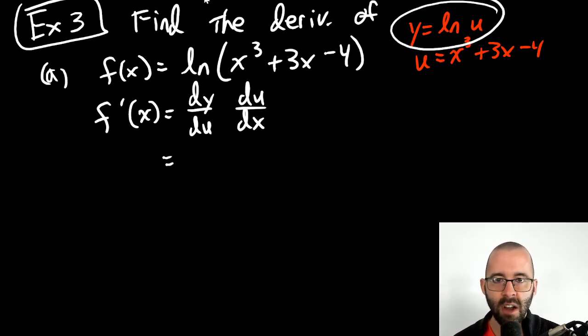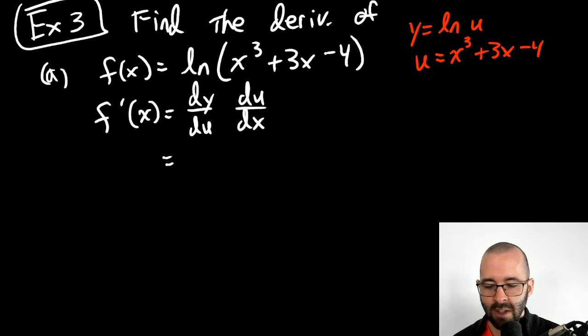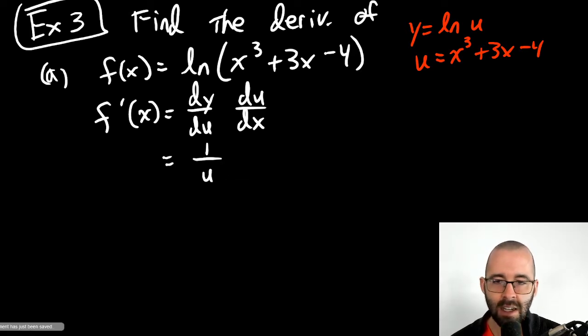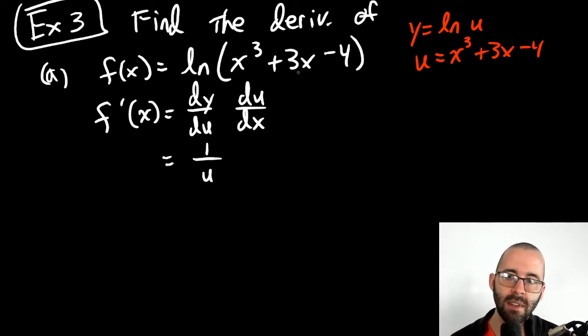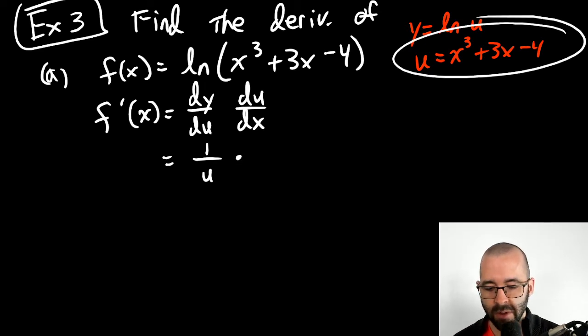The derivative of a logarithm is just the reciprocal, 1 over u, times the natural log of e, the natural log of the base, which is just 1 in this case. If we're a different log, like log base 2, then we'd have to multiply by the natural log of 2 in the denominator. Times the derivative of u with respect to x.